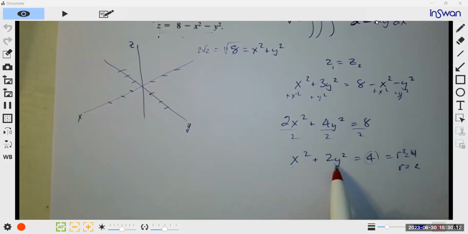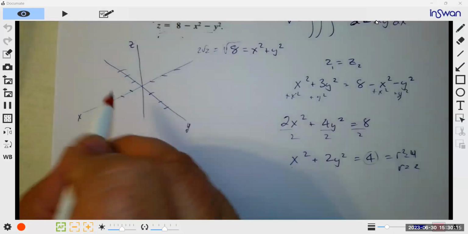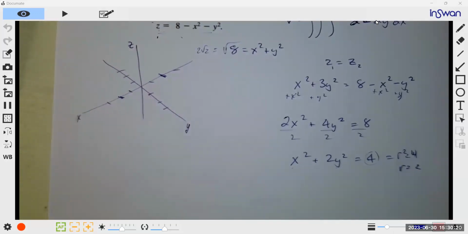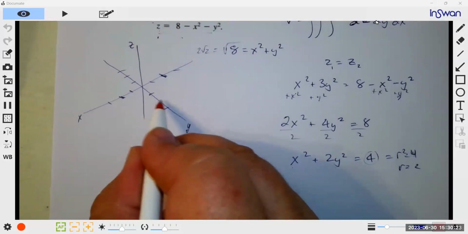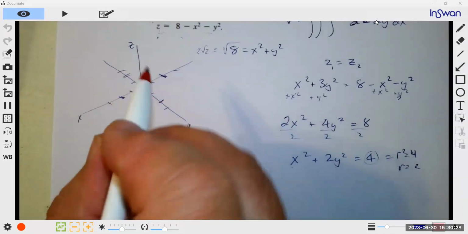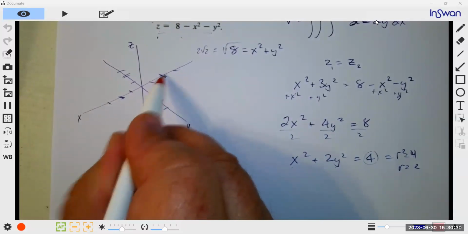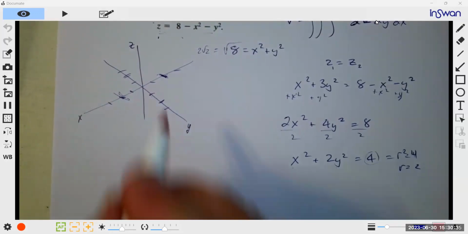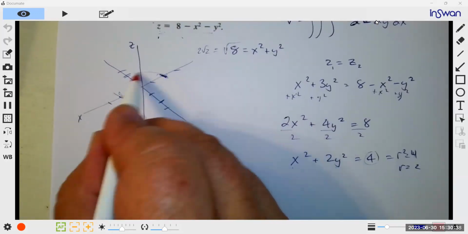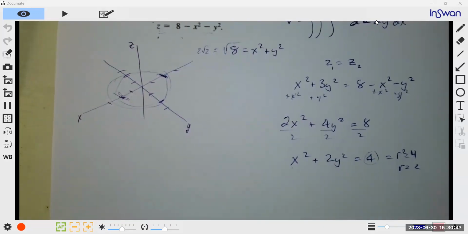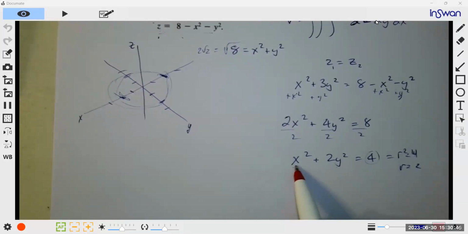So R equals 2. So when 1, 2, we know it goes there and there. So when X is 0, Y is square root of 2.